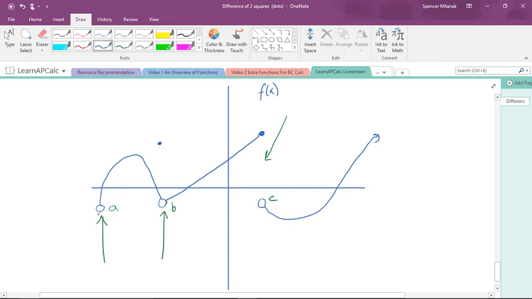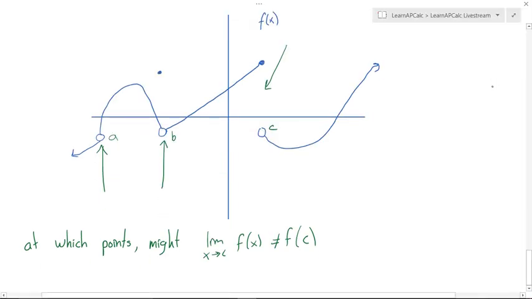Let me just draw this. Okay, now we'll get a value. So here we're going to get something because even though there's a hole in the graph, we're approaching the same value from both sides. But if we take the value of the function at A, we're not going to get a value because there's a hole at A.